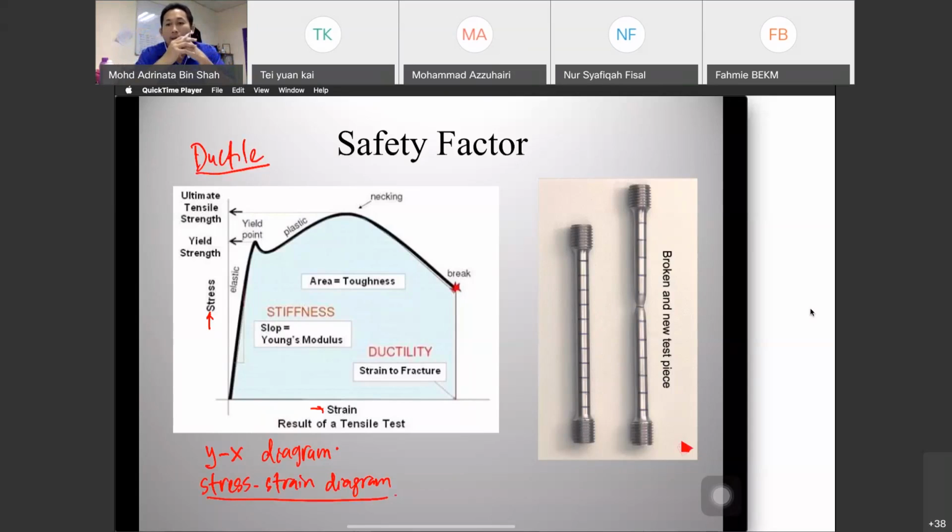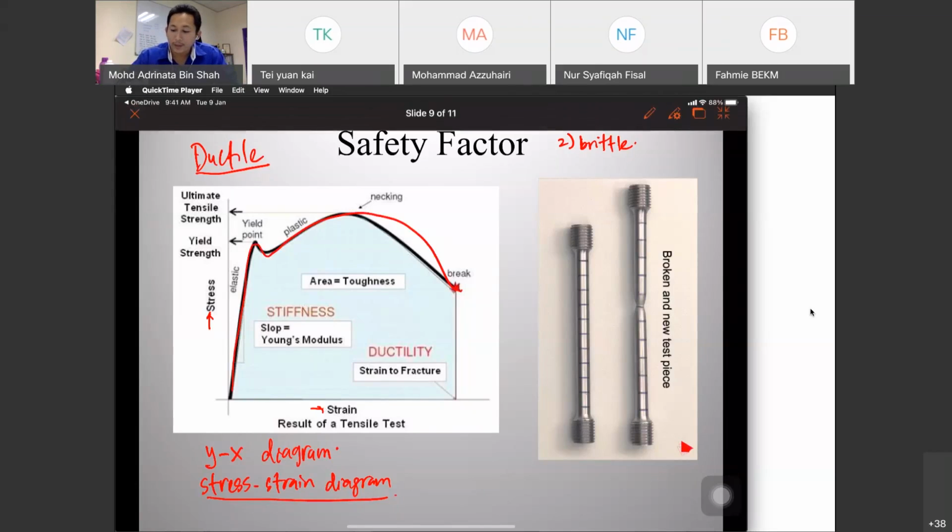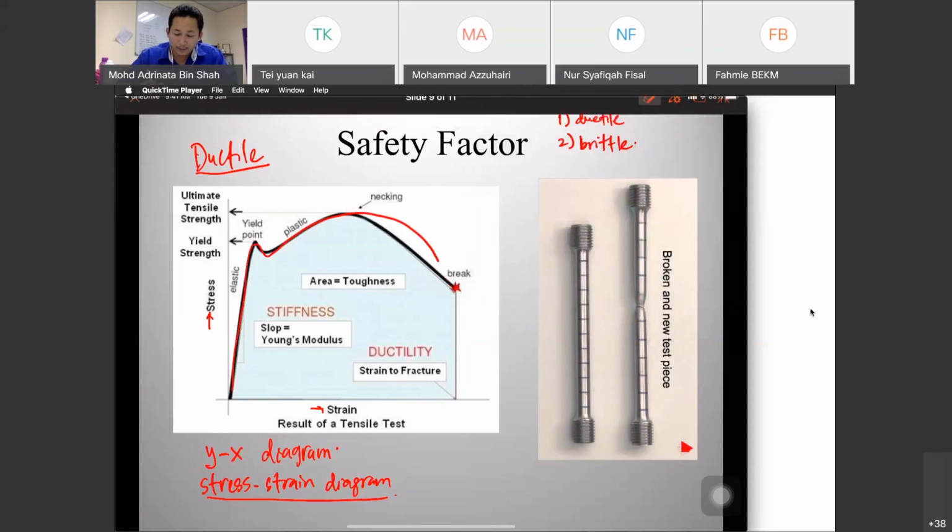We have two types of materials: one is ductile, the other one is brittle. So this one is for ductile materials. For ductile materials, we call it a stress strain diagram, or some of my old lecturers call it the elephant graph, maybe because it looks like an elephant, but just call it the stress strain diagram.